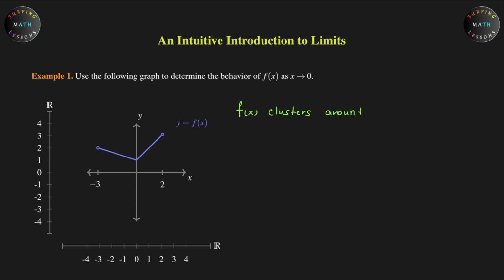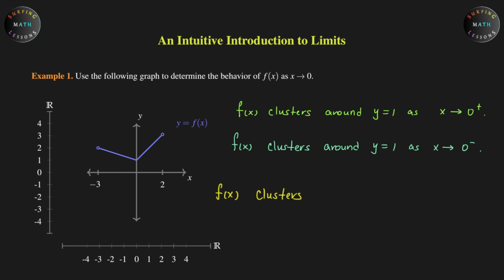To finish up the example, we note that the behavior of f of x remains the same as x approaches 0 from the left or from the right. Thus, f of x clusters around 1 as x approaches 0.